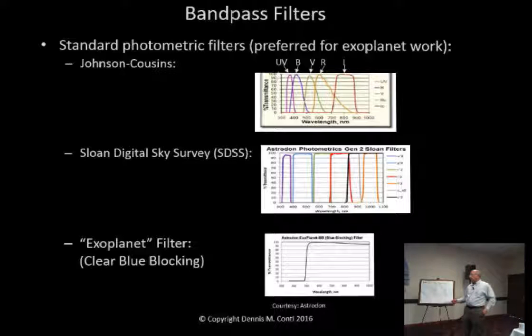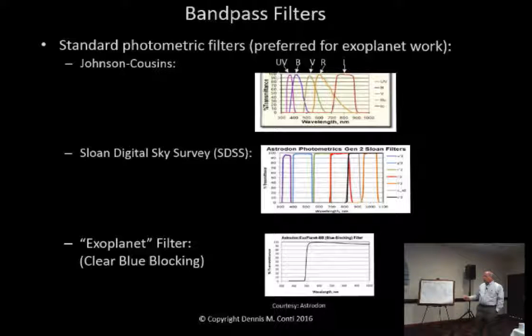One of the filters that Astrodon, for example, has come up with, and this was a recommendation by a guy named Bruce Gary, is a filter specifically for exoplanet work called a clear blue blocking filter, because it blocks out, as you see here, most of the blue light to reduce background sky glow and captures the rest of the light.